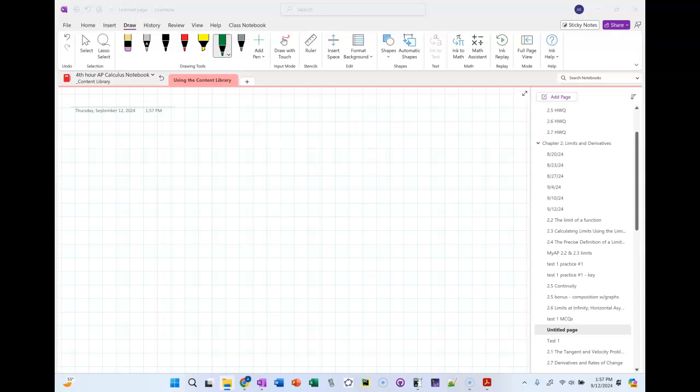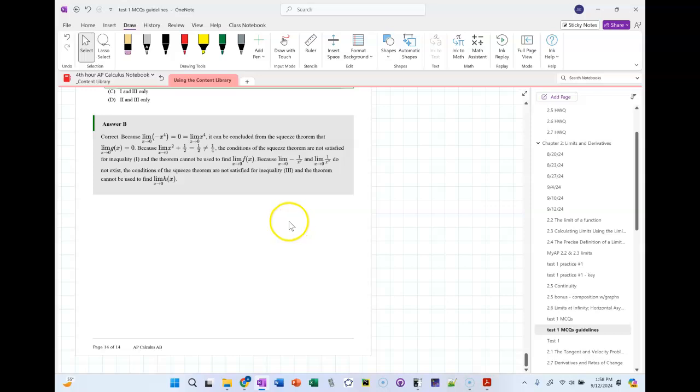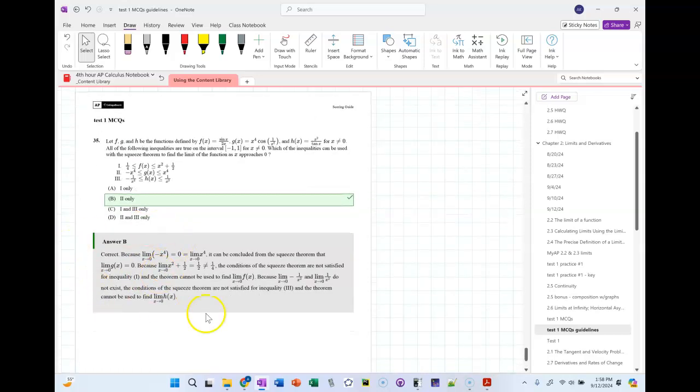Those multiple choice would be a good way of studying just for practice. I think that the multiple choice that I will have on there are going to be really similar to the multiple choice that you see here. So they all have an answer and a little blurb about how I got to the answer.